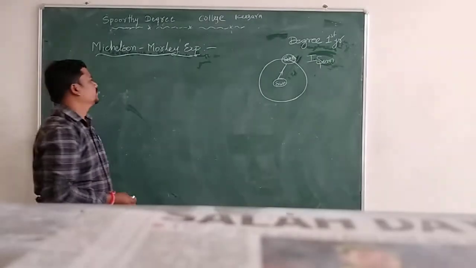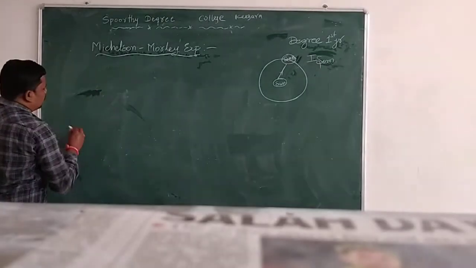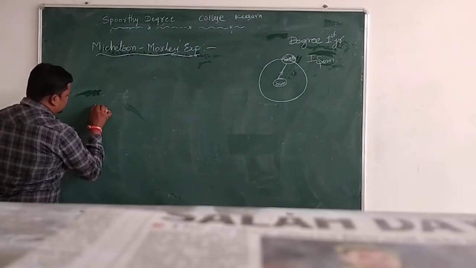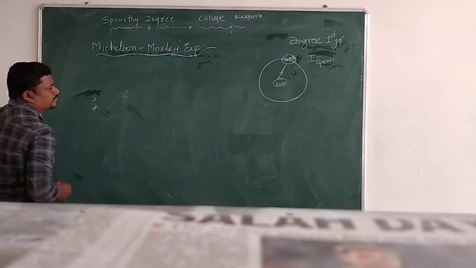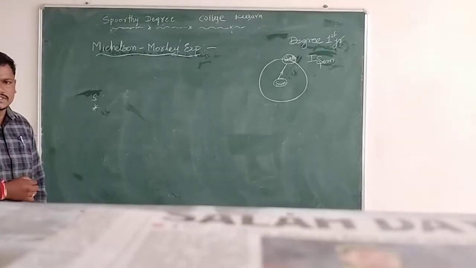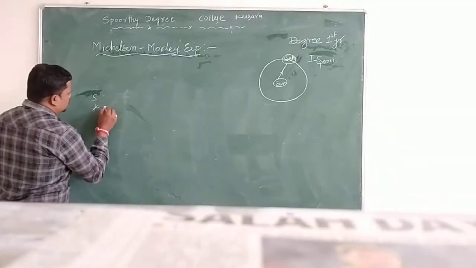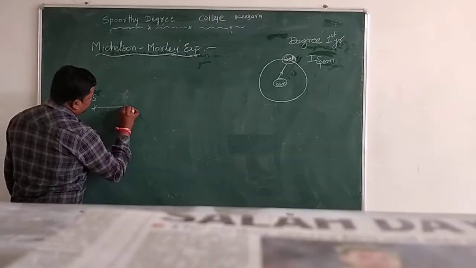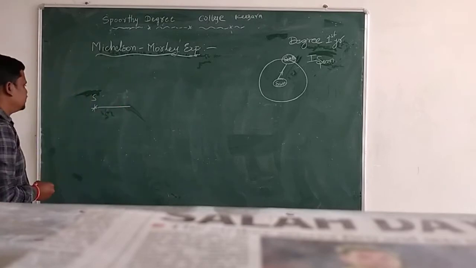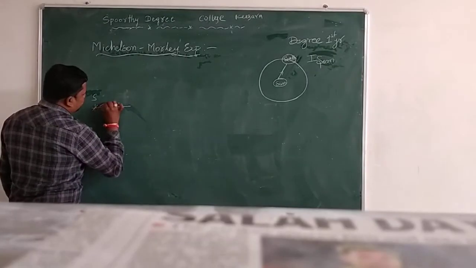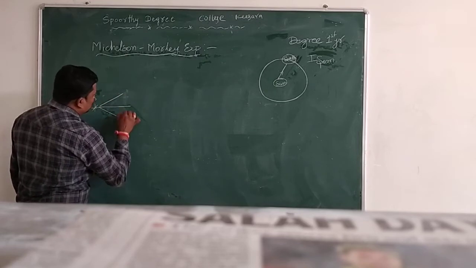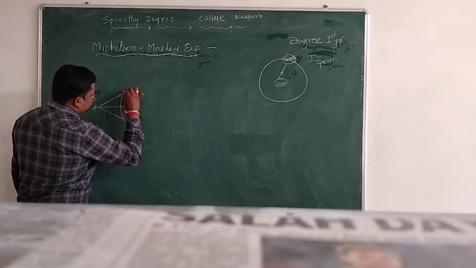For example, I am taking the source S. From the source, the light is passing through the collimating lens.